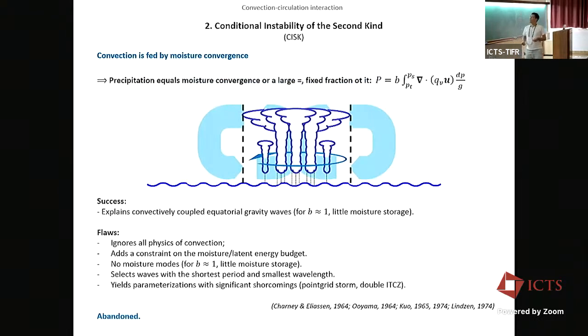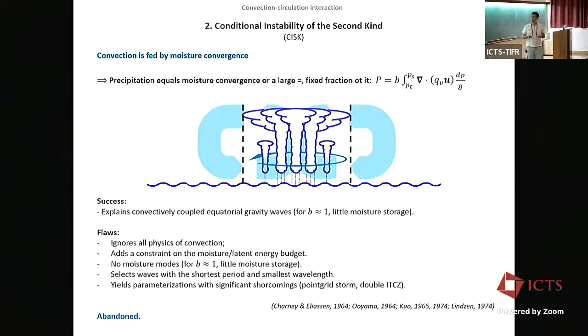And historically, the first one was the convective instability of the second kind. And it came from the observation that convection is fed by moisture convergence. And so the idea was that we could just model precipitation like moisture convergence, or a large fraction of it.